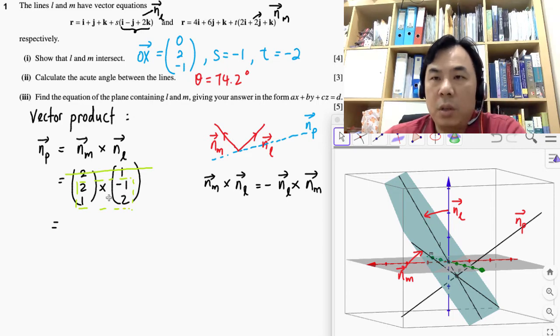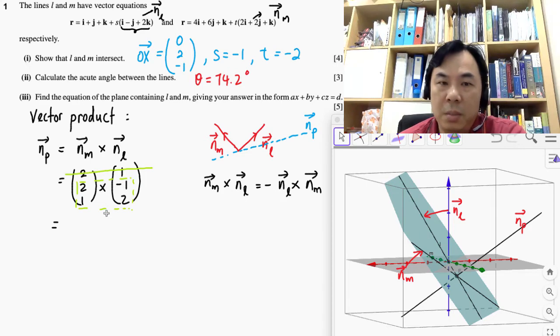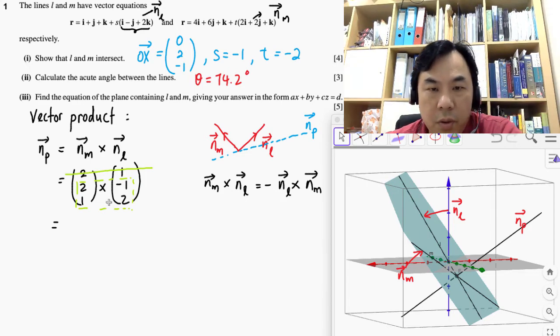Now all you need to do is obtain this. This section is called the cofactor for the first row. So we're going to work out the determinant for this cofactor. I'll just rewrite the determinant at the side for reference.